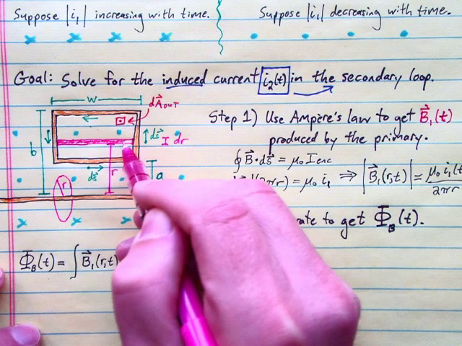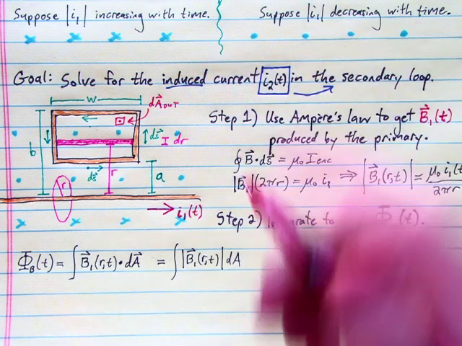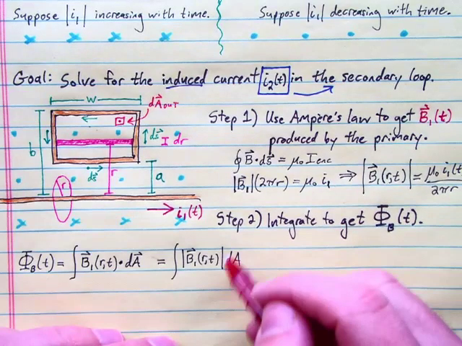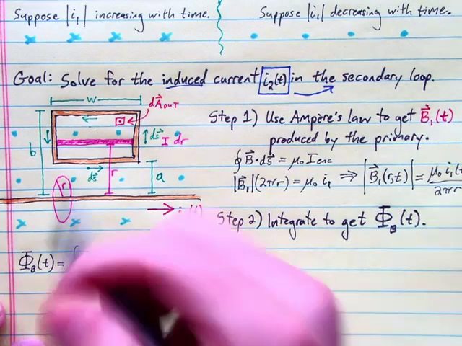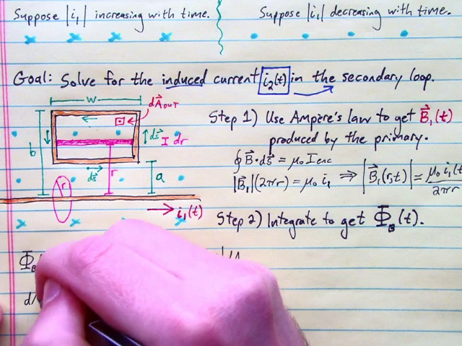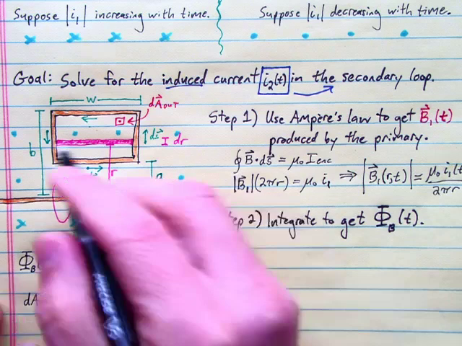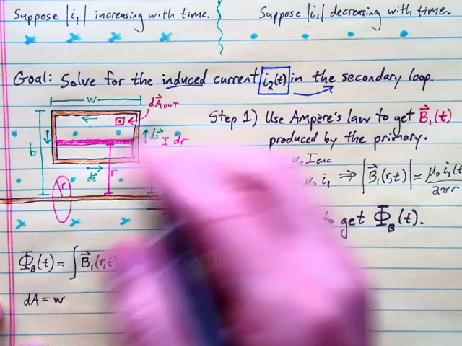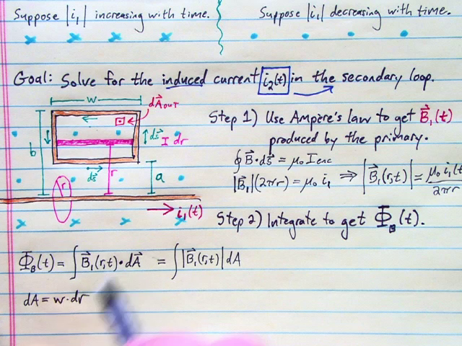So that little strip of area right there will have a surface area vector dA pointing straight out. So this dA will represent the area of one of those thin little strips. So for some thin strip, dA equals, let's see, length times width. So the length here is W, and the width here is dr. So there's the area of one of these long, thin rectangles.